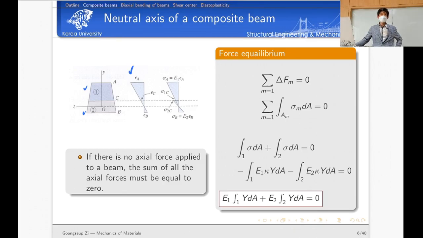The distribution of strain is linear. This is my assumption. And then we multiply the elastic modulus by the strain field, elastic modulus 1, elastic modulus 2. Because these two values are different from each other, it is inevitable to have a discontinuity at the interface of the two materials.